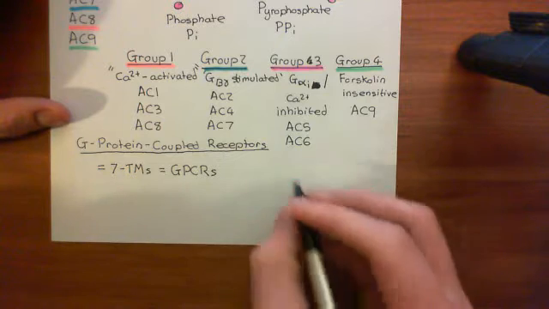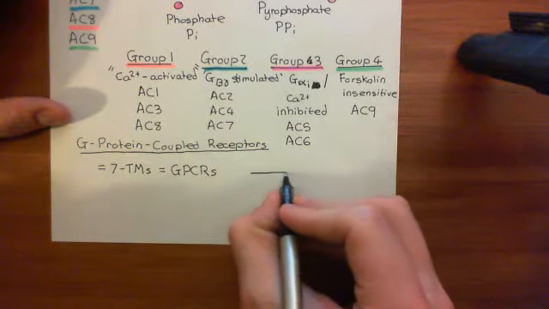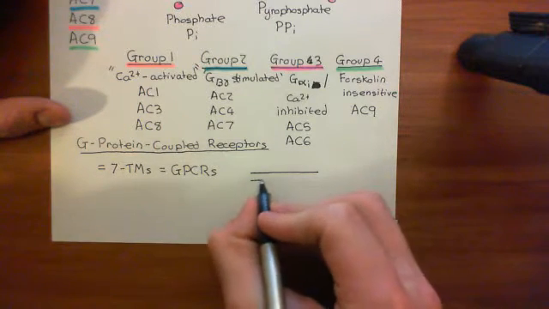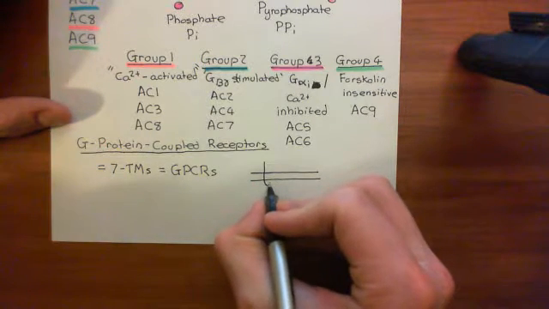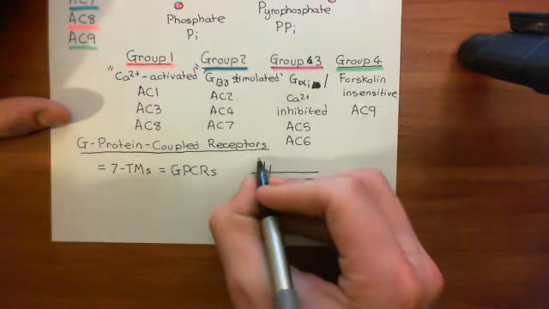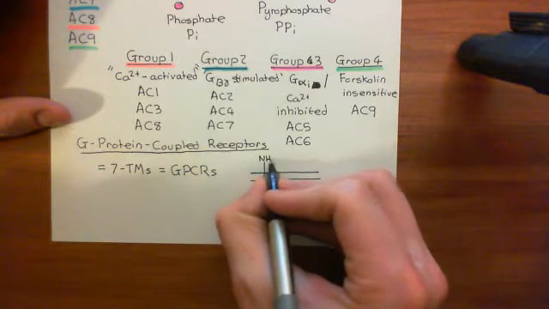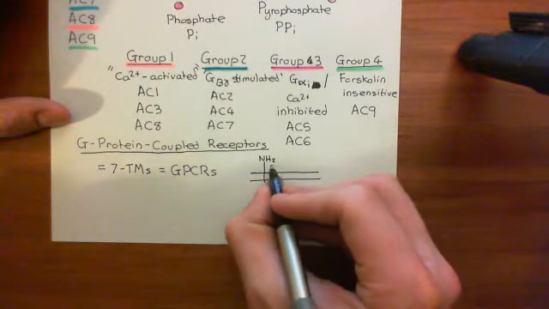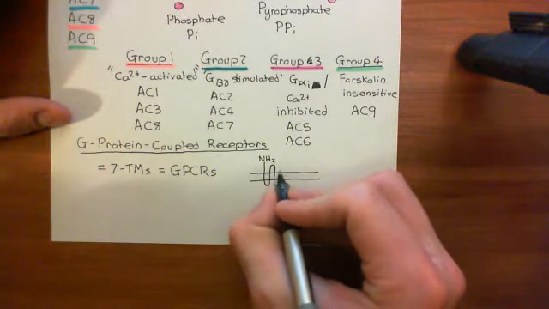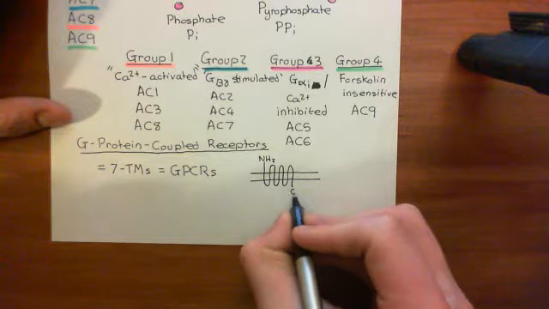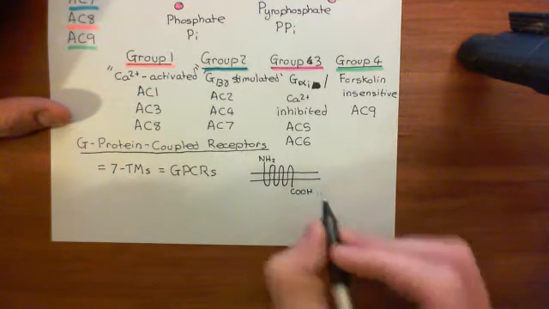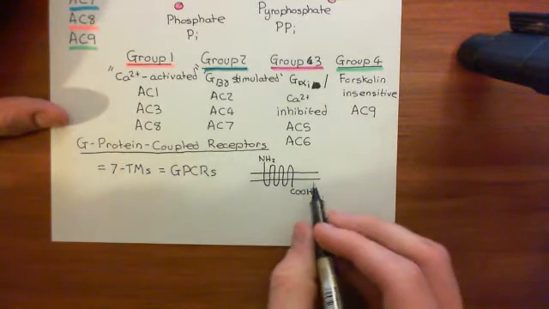The characteristic feature that all G protein coupled receptors have is that they have these 7 membrane-spanning alpha helices. So the amino terminus is on the extracellular aspect of the membrane, and then you have these 7 membrane-spanning alpha helices like so, which leaves the carboxylic acid terminus on the intracellular aspect of the plasma membrane.